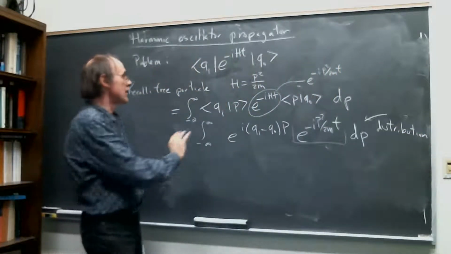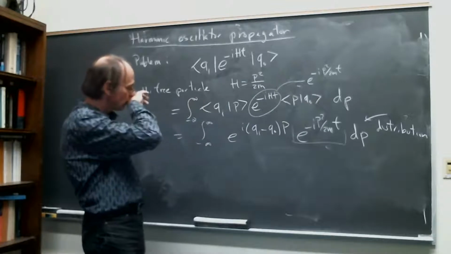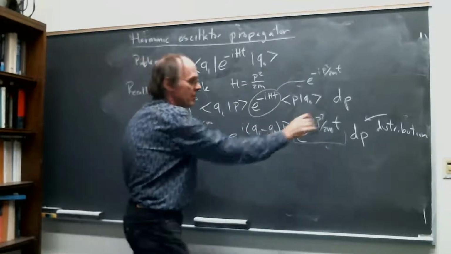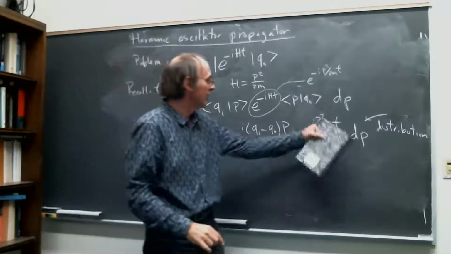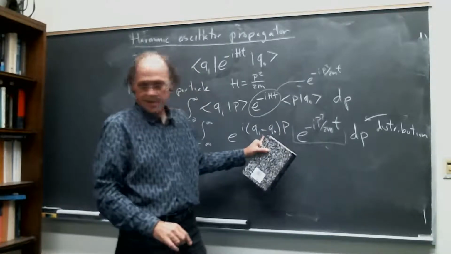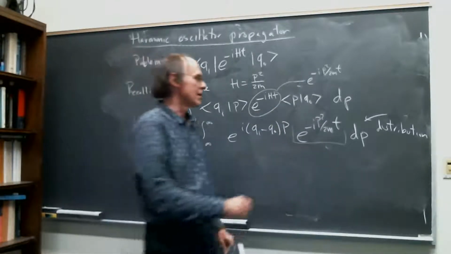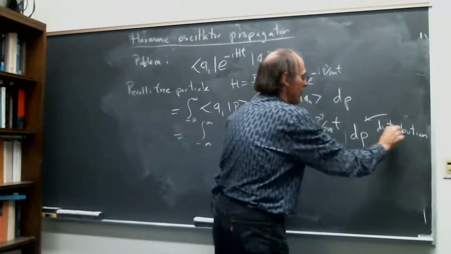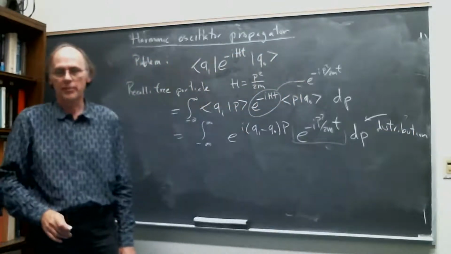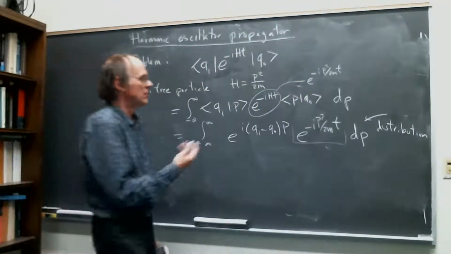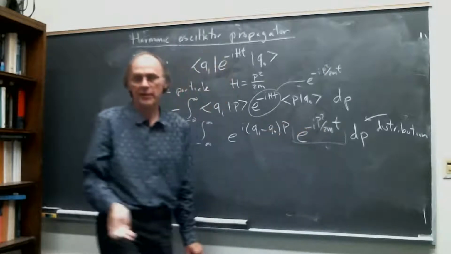So in the free particle case, the propagator is definitely not a function in any sense. It's a fairly tricky distribution, but it's the Fourier transform of something very simple.